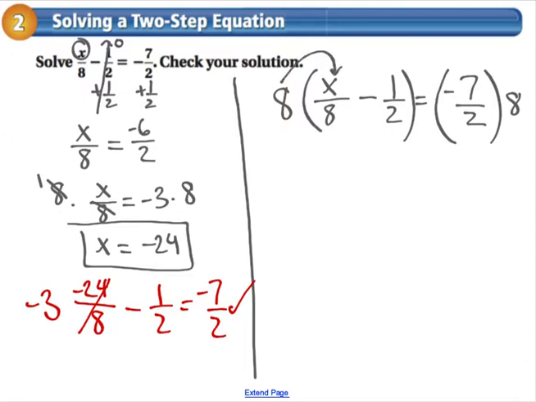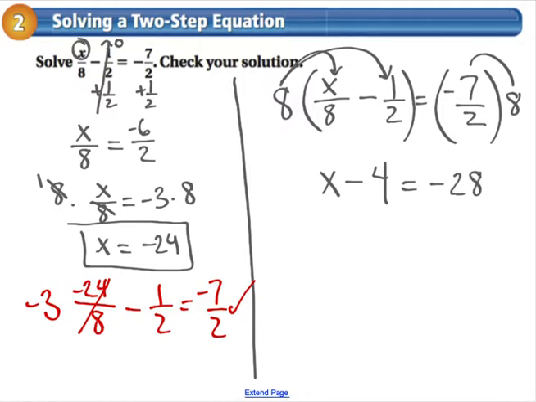8 times x over 8 is 8x over 8, which is just x. 8 times negative 1/2 is negative 8/2, that's negative 4. 8 times negative 7/2 is negative 56/2, which reduces to negative, oh, why can't I think right now? Negative 28.